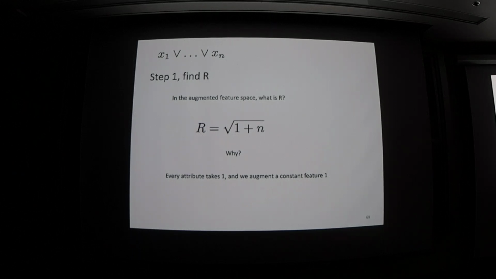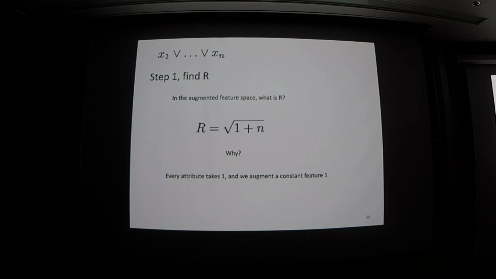But here you should be aware that when we talk about the perceptron update theorem, we're doing everything in augmented feature space. That means each feature vector is augmented with 1. And in this augmented feature space, obviously the farthest point from the origin still consists of all ones.